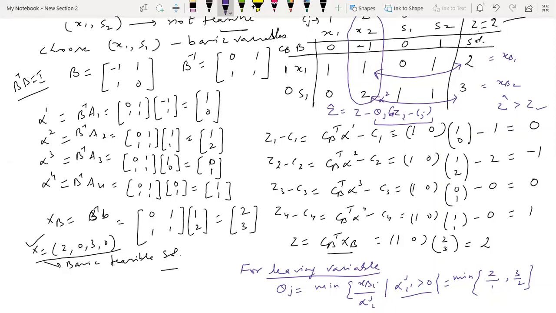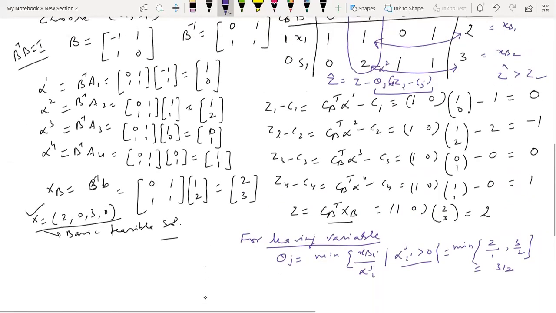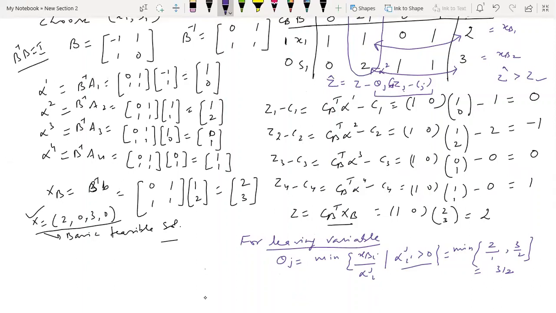The minimum value comes out to be 3 by 2. And 3 by 2 occurs at the second variable. So that means my leaving variable is s2. So s2 will leave the basis.